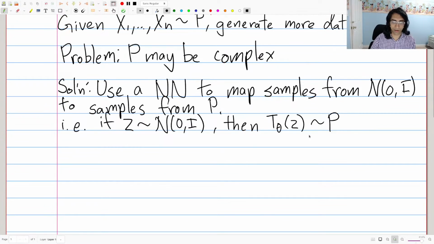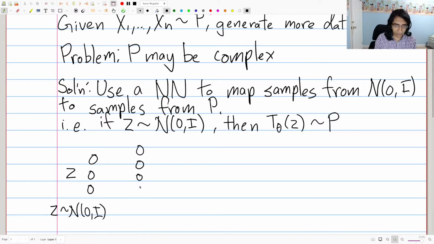So let's draw a picture, which, again, should all be kind of review in the sense that this is similar to what we did for VAEs. The picture you can have in your head is we're going to have some input Z, where Z is distributed as N(0, I). And we're going to have output here.